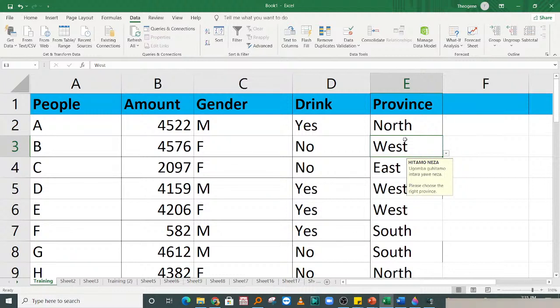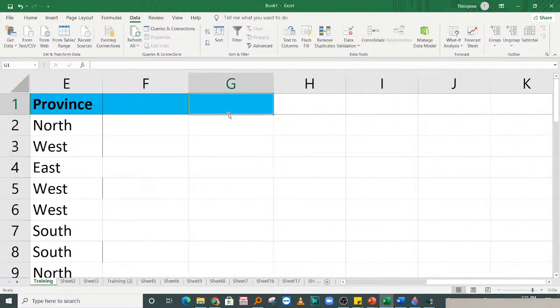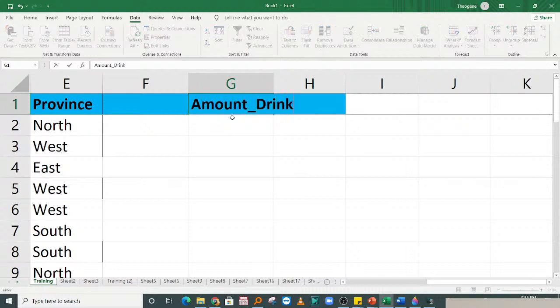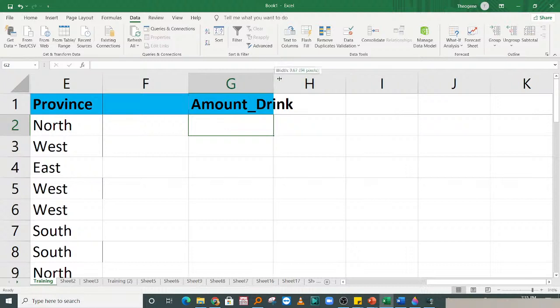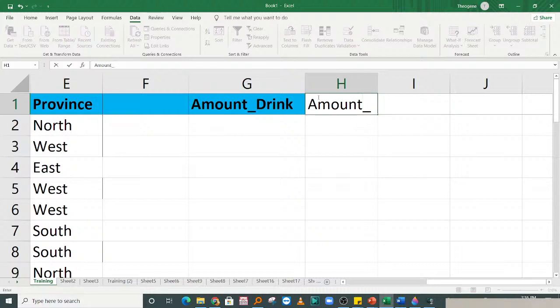Don't be confused. Drinking beer, drinking water, and other things like that. So I want to sum conditionally. So the sum of money for those who drink, and this is the amount of money for people who do not drink.